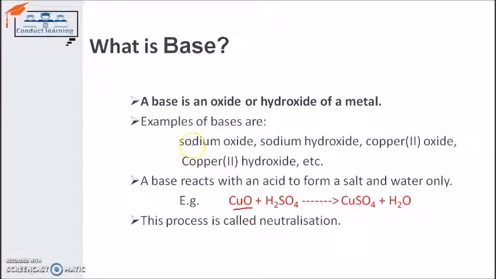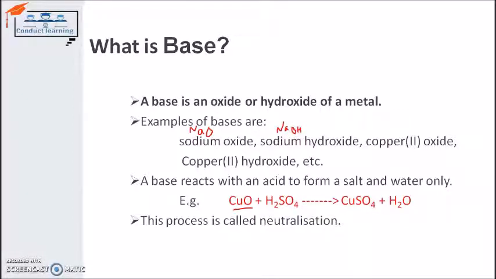In the same way, we have another example of bases, like sodium oxide, Na2O. This is also a base because the sodium gets oxidized when it reacts with the oxygen present in air. Another example is sodium hydroxide, the formula is NaOH. This is also a base. Sodium is a metal and hydroxide is an ion.